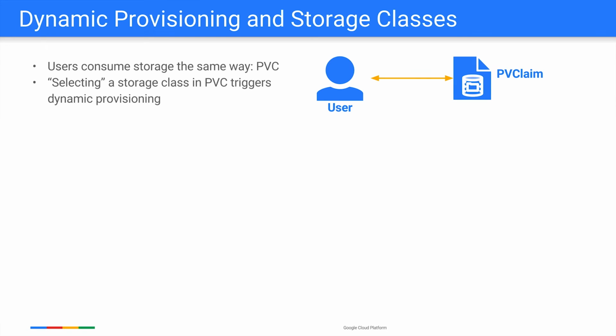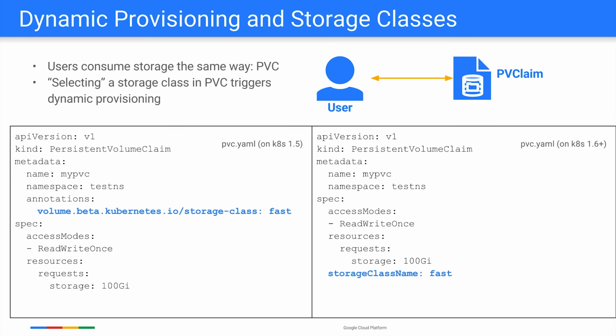To use storage, just as before, the application developer creates a persistent volume claim object to request storage. In the persistent volume claim object, they now specify the storage class to use. In Kubernetes 1.6, this is a new field in the PVC object. In earlier versions, this was an annotation on the PVC object.